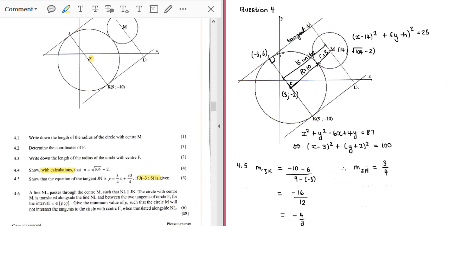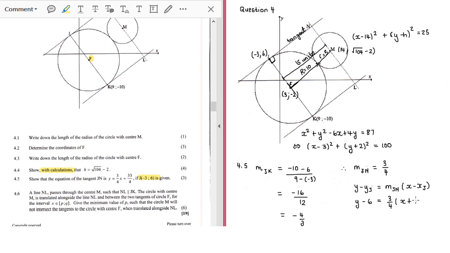We need a point that lies on the tangent, and that is always that single point, so it has to be this point J. So we go into the equation: y minus the y value of J is equal to the gradient of JN times x minus the x value at J. So we have y minus 6 is equal to 3 over 4 into x.